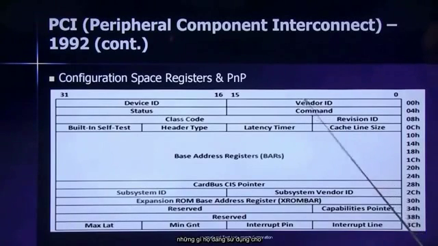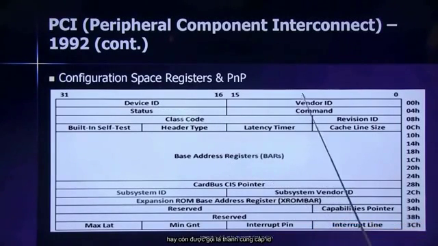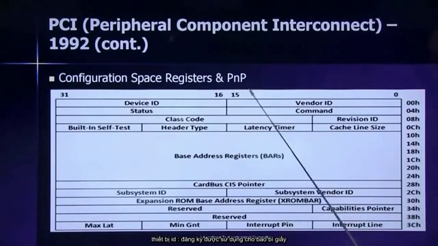The most important registers are the vendor ID register, the device ID, and the base address registers, also called BARs. The vendor and device ID registers are used for plug-and-play purposes.